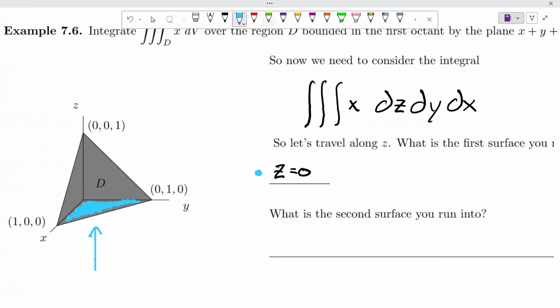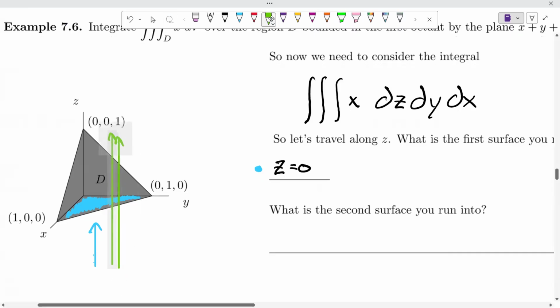Then if I keep going straight up and look for the next surface, I can see that the next surface I run into, continuing to move straight up along the z-axis, is that triangular plane, this guy right here.